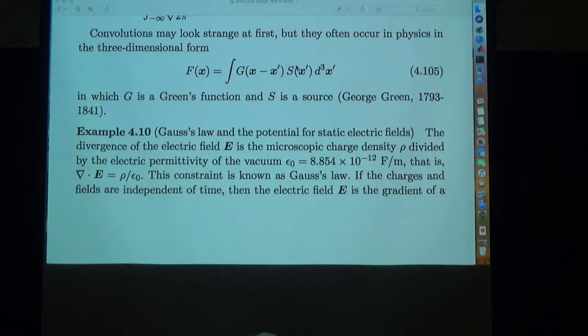So a cause gets transmitted to an effect by means of something that depends upon the relative displacement between the location of the cause and the location of the effect. And this thing G is called a Green's function in general.